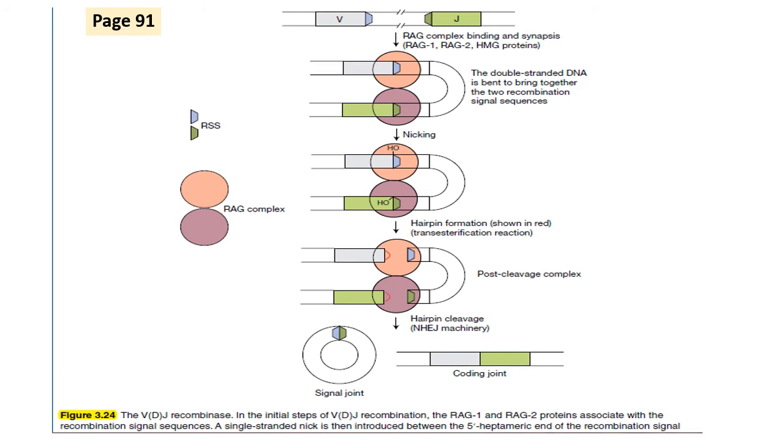Like in this figure 3-24, the gene products of recombination activating gene 1 and 2, RAG1 and RAG2, are lymphocyte-specific enzymes essential for V(D)J recombination.